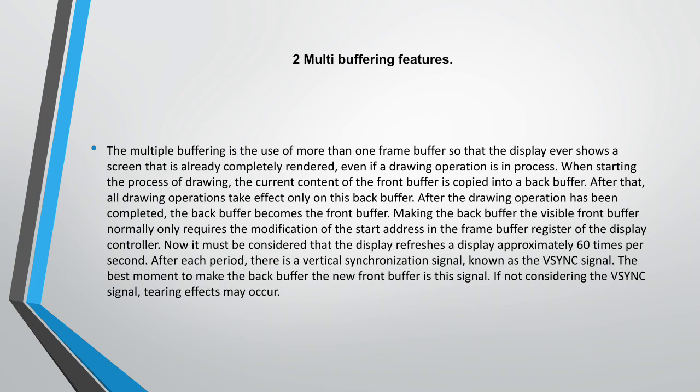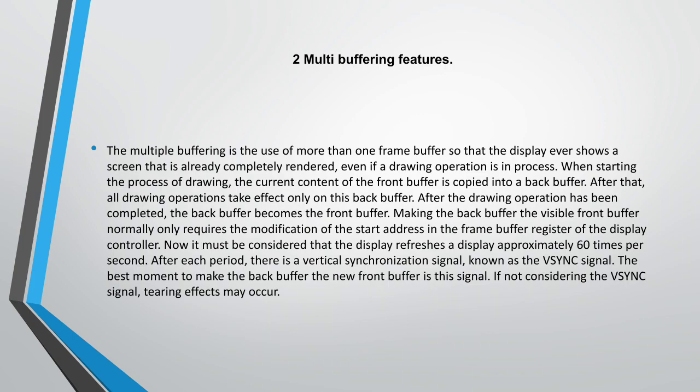After that, all drawing operations take effect only on this back buffer. After the drawing operation has been completed, the back buffer becomes the front buffer, making it the visible front buffer. This normally only requires the modification of the start address in the frame buffer register of the display controller, let it be the LTDC.